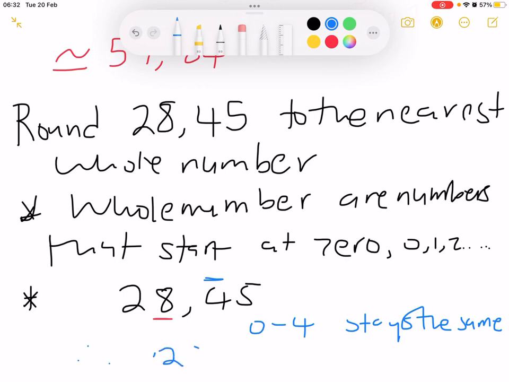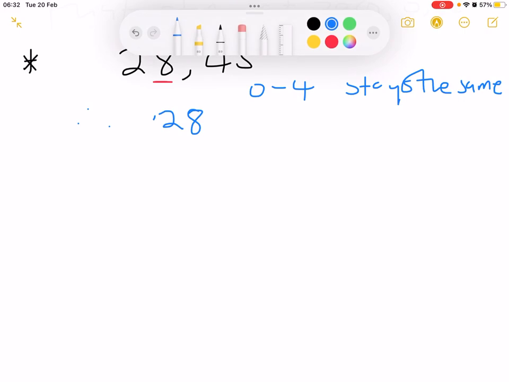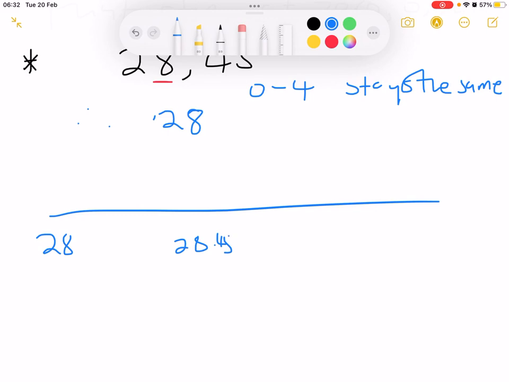we would say 28 is the nearest whole number, because if you may look at this as well, let's say you have a whole number line and you've got 28 here and 28.45 and 28.5 here.